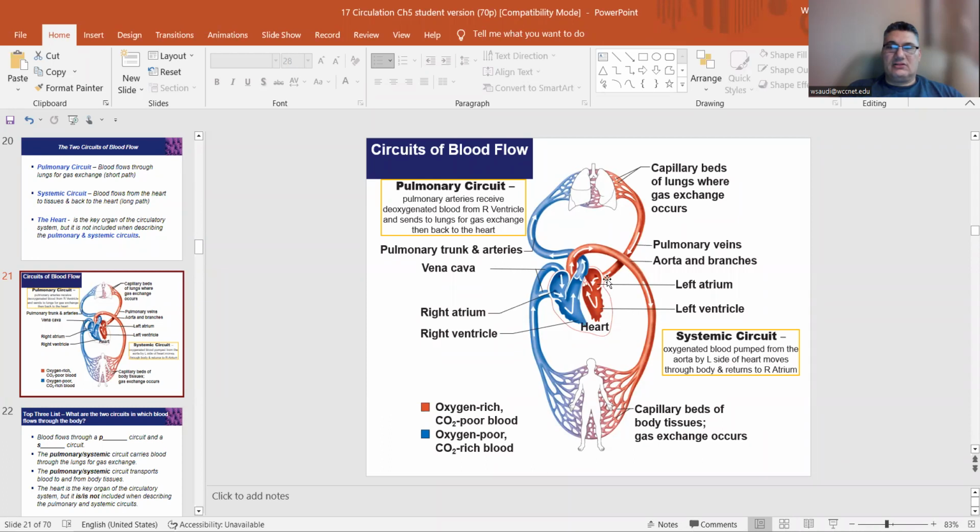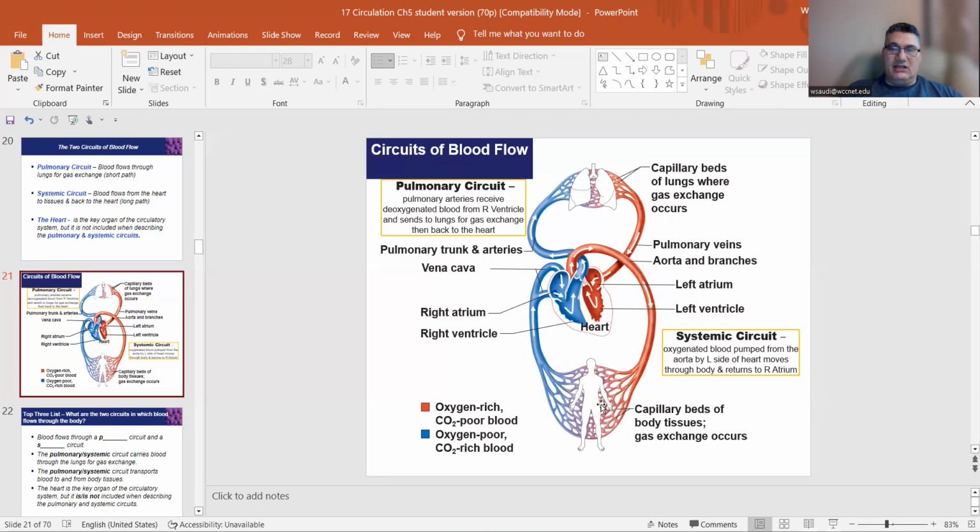Pulmonary veins to the left atrium, oxygenated, passing through the left valve, which is bicuspid or mitral, to the left ventricle, oxygenated, passing through the aortic valve to the aorta, oxygenated, going to the different parts of the body again: arteries, arterioles, capillaries, until it goes to the cells.